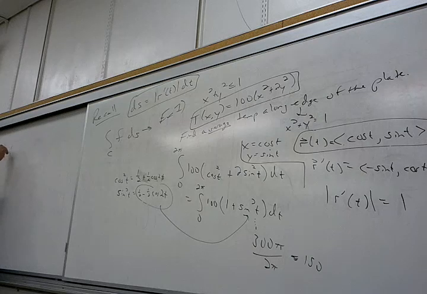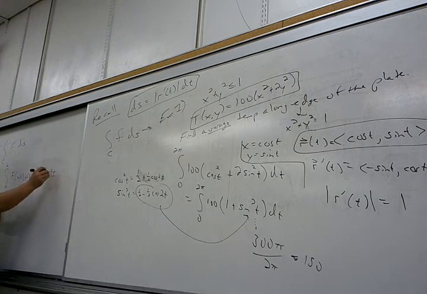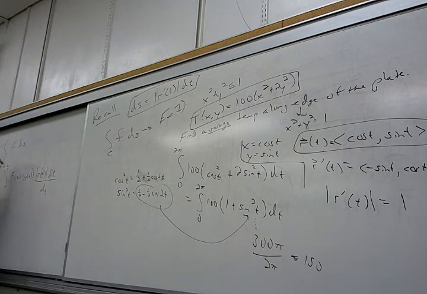So instead of this, we do this, where this is ds, remember? And a to b is what t does.